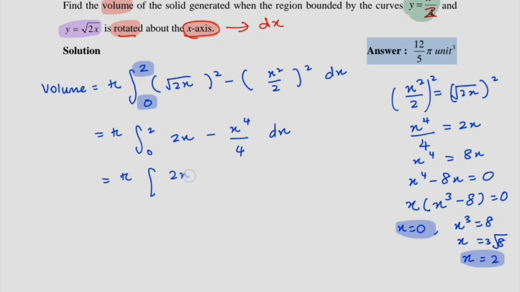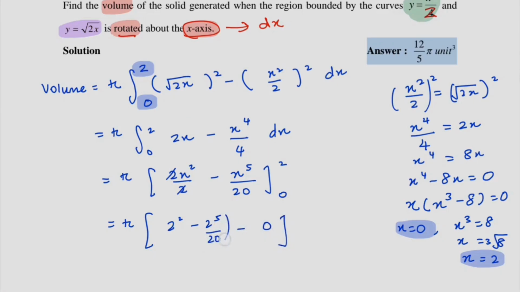So integrate 2x is 2x squared over 2, minus x power 5 over 4 times 5, which is 20, with the limits 2 to 0. Don't forget to substitute your values. You can simplify the numbers: 2 squared minus 2 power 5 over 20, minus 0.